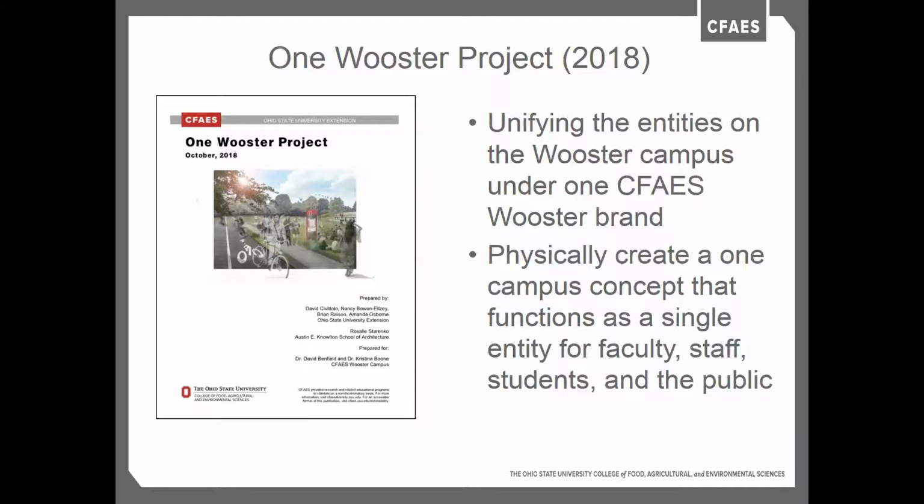So the Wooster campus partnered with my colleagues in community development to develop a process to create a plan that would address the future development of university-owned lands in Wooster and create a vision that would focus on a 3-campus, 1-college concept. And by the way, the 2 campuses that I mentioned are OARDC and ATI. The 3rd campus in that 3-campus concept is Extension in all of the 88 counties.